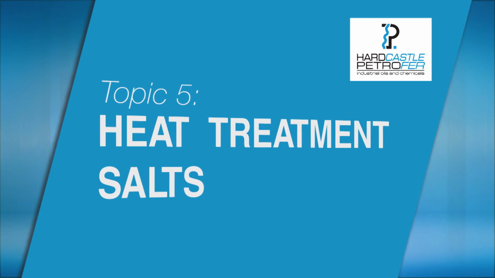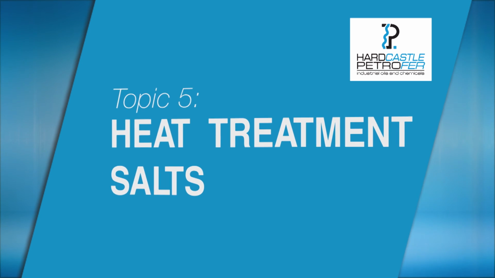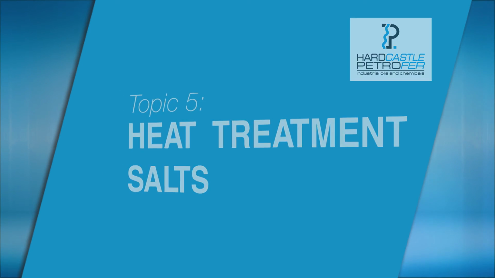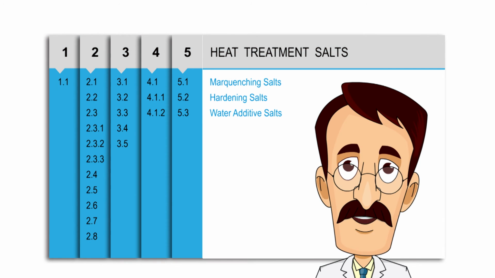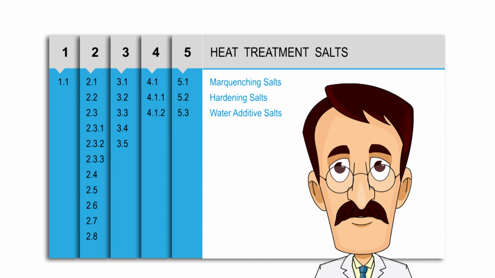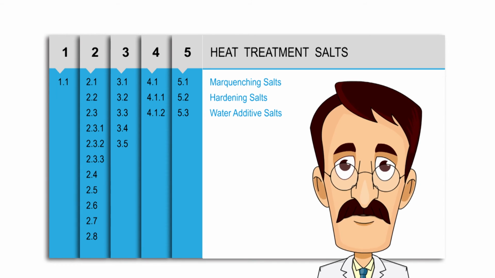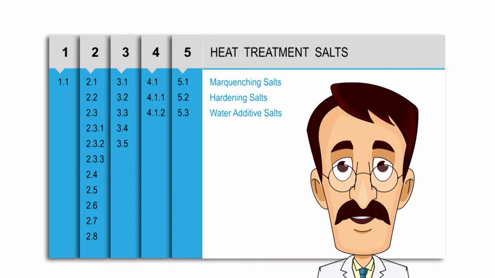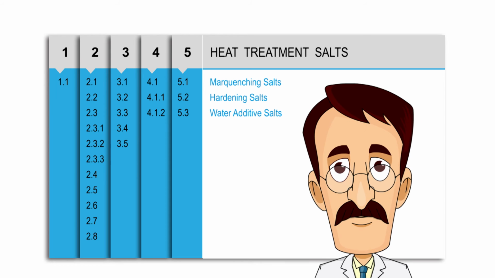Going ahead with the tutorials, let's proceed with the last chapter, Heat Treatment Salts. We will now cover the final topic of discussions, heat treatment salts. These are broadly classified based on their usage, such as austenizing, quenching, and tempering.